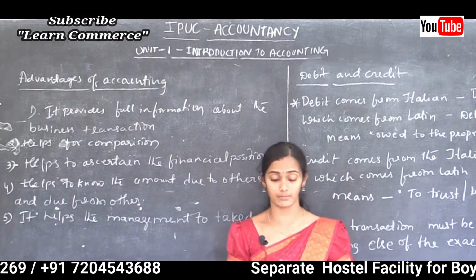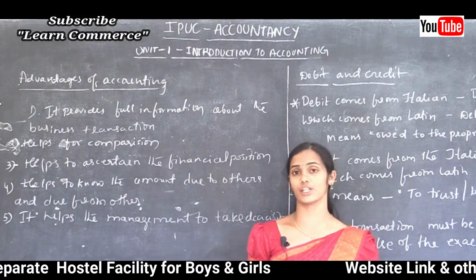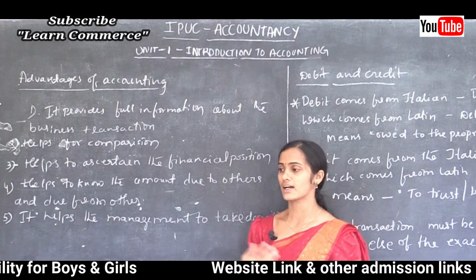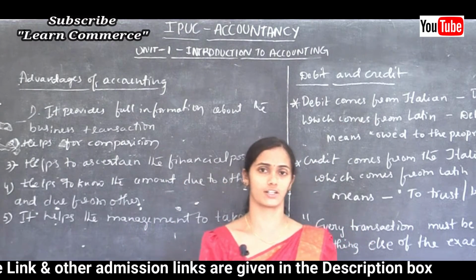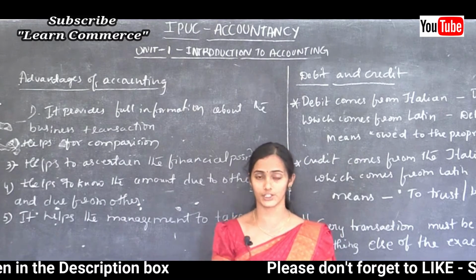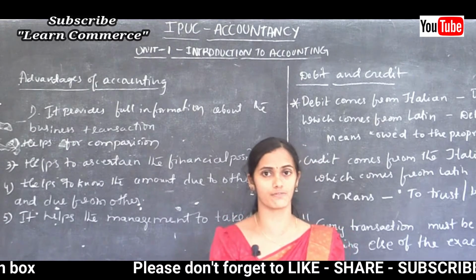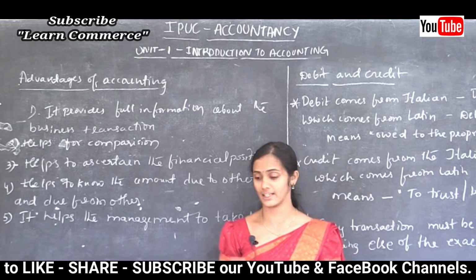One more objective is depiction of financial position. The entrepreneur wants to know the exact position of the business organization, and he should provide that information to the interested users of accounting. Who are the interested users of accounting? There are a number of users.